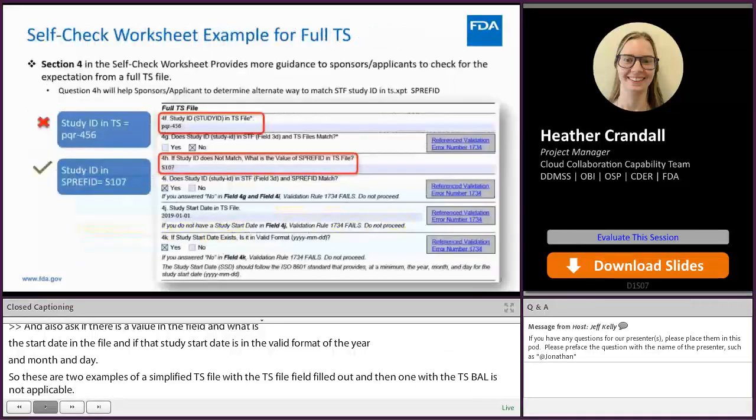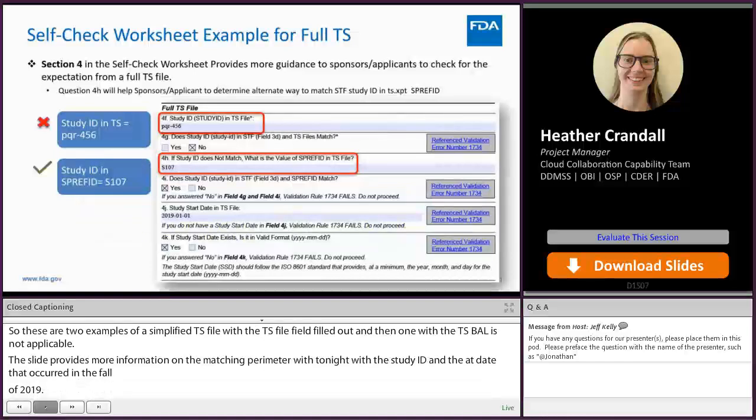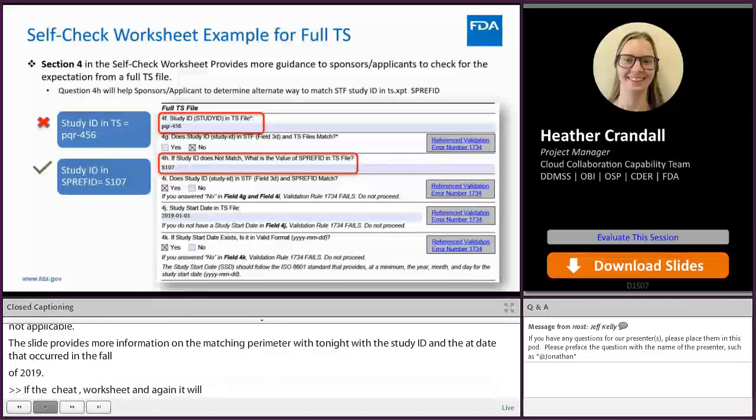So if the applicant indicates that they are submitting a full TS file with their study, then these questions will populate in the self-check worksheet instead. And it will ask, again, what is the study ID in the TS file? But there is another question to accompany this: if that study ID does not match, what is the value of SPREF-ID in the TS file?